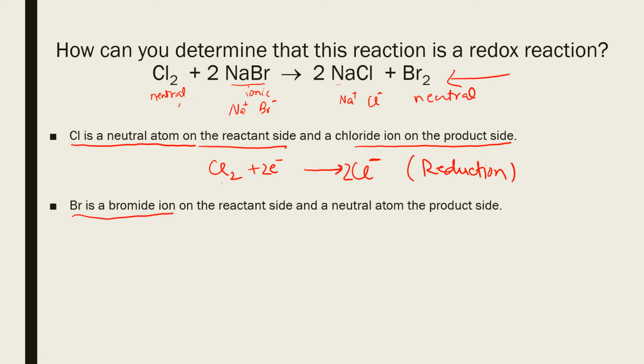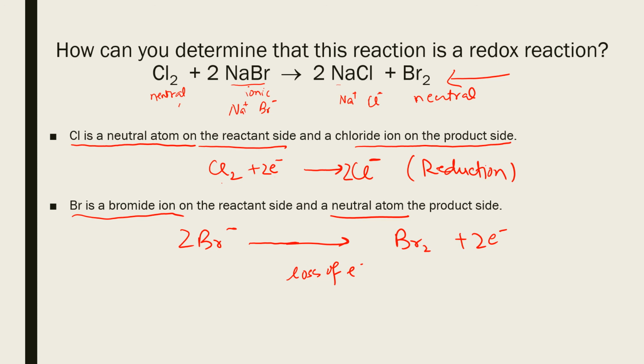Similarly, bromine is an ion on the reactant side. It has a negative charge, but on the product side it is neutral. The only way Br negative can become neutral on the product side is if it loses electrons. So Br negative is losing or giving out electrons, and to balance this, we need two here and two here.